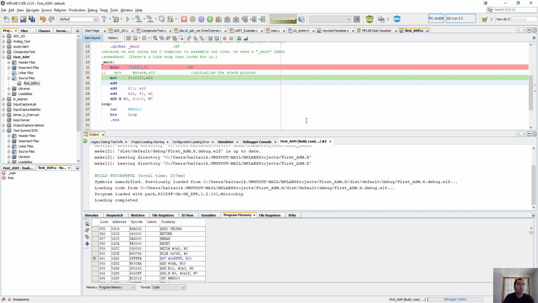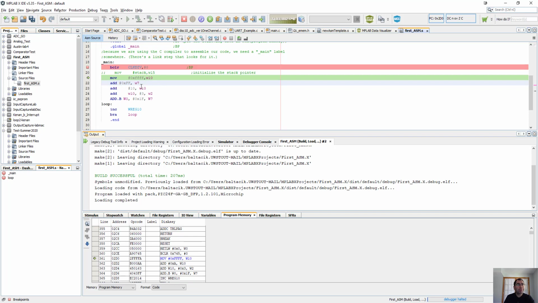So literal hexadecimal FF, sorry, we have a comma here, and W7. Okay, this was the code we did in the class. So I just added this line.